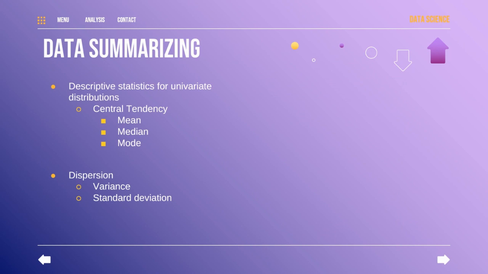Next, by computing the mean, median, and mode, we get straight format data that we can use; this is the central tendency. Next, dispersion. Dispersion contains two measures: variance and standard deviation. These two are used in data summarizing.